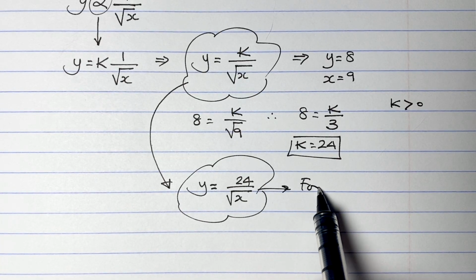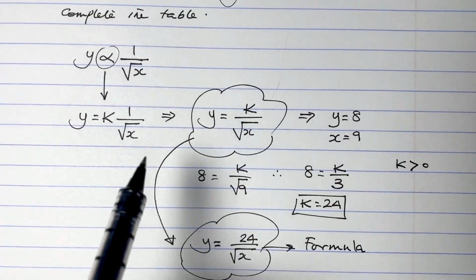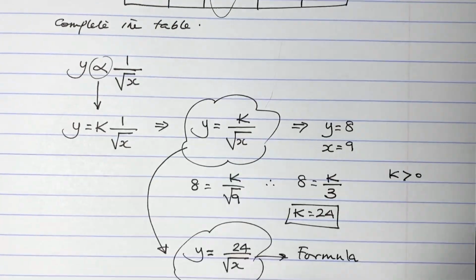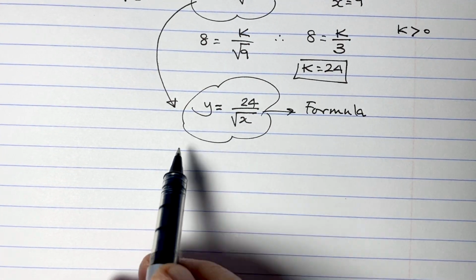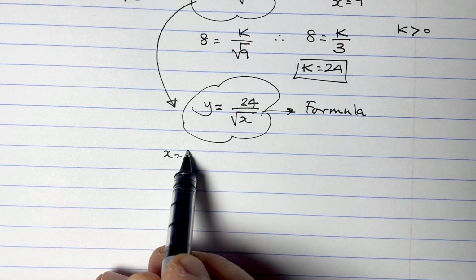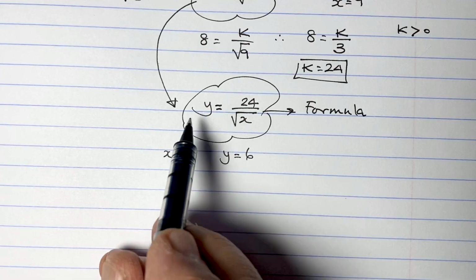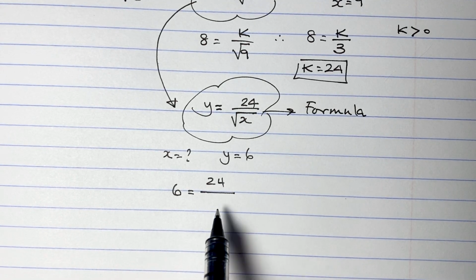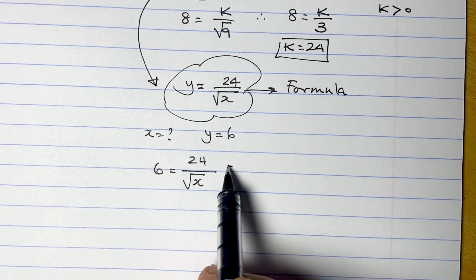Let me just mention this is the formula which I'm going to use to answer the questions in the table. What is x when y is 6? So let's replace. All right, here, x question mark when y equals 6. 6 equals 24 over root of x. Multiply both sides by root of x.